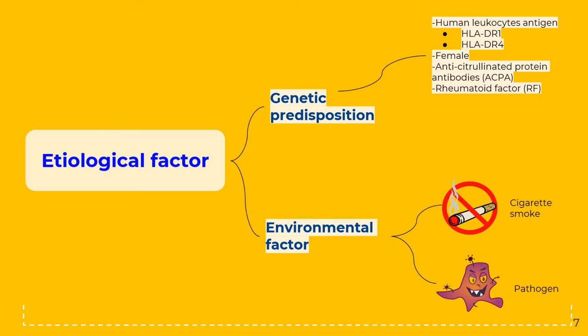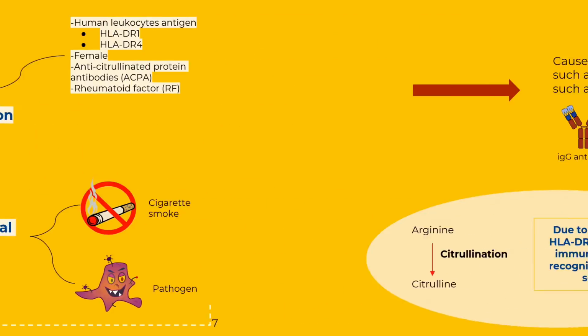So, rheumatoid arthritis is triggered by the interaction between genetic factor and environment. For example, a person with a gene for immune protein like human leukocyte antigen, HLA-DR1 and HLA-DR4, might develop rheumatoid arthritis after getting exposed to something in the environment like cigarette smoke or a specific pathogen like bacteria.